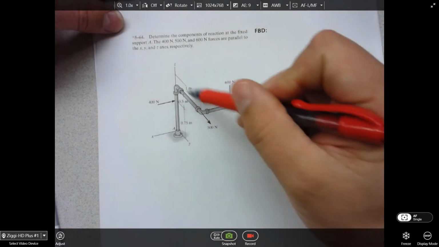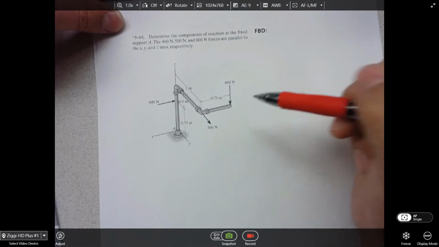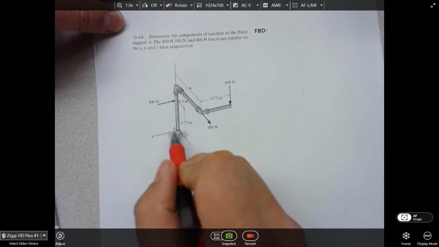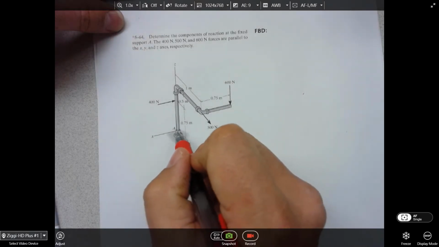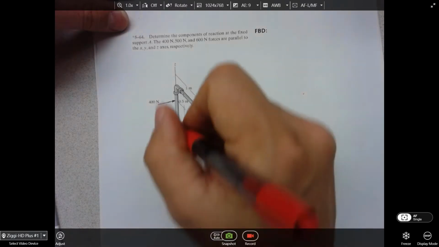So we've got this pipe, right? Rather than trying to redraw this, I'm going to draw my free body diagram right on it. At A, what types of motion does A resist? It's called a fixed connection. It resists them all, right?